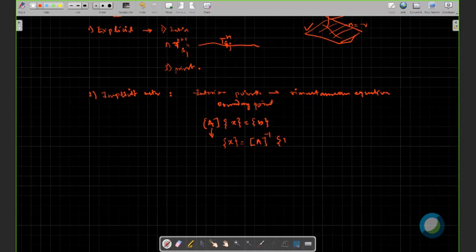That is the condition, and there are certain conditions that need to be imposed so that we can calculate A inverse and get the solution.